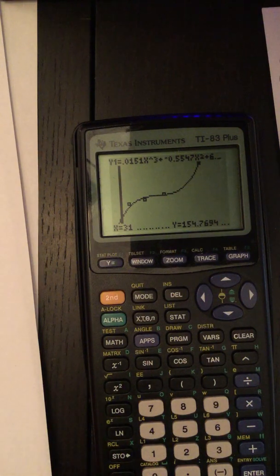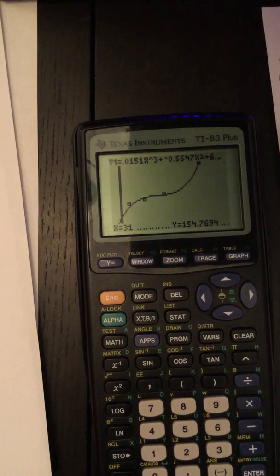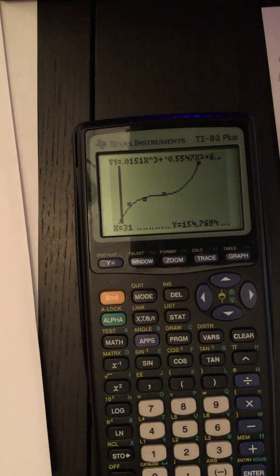So try and make sure that you're rounding to 4 decimal places. And I'm not sure I rounded quite correctly. I think that should actually be 15.04. So I kind of did it in a rush. So just make sure that you're rounding to the correct decimal places, okay, and following your rounding rules.